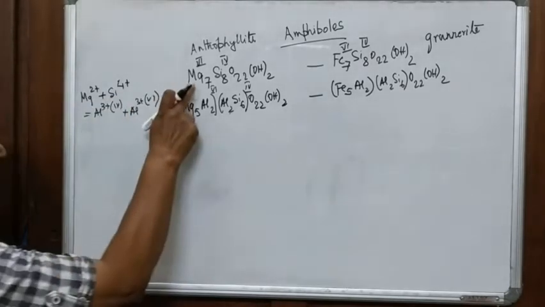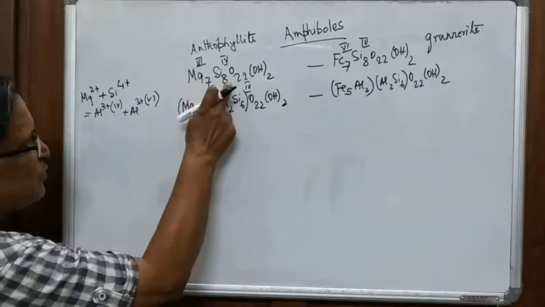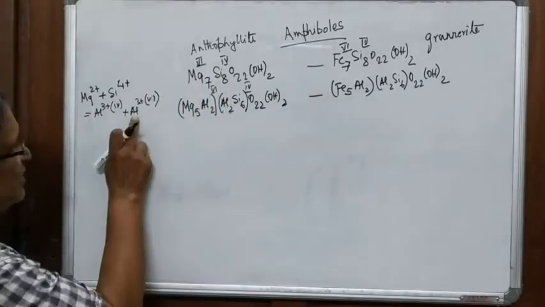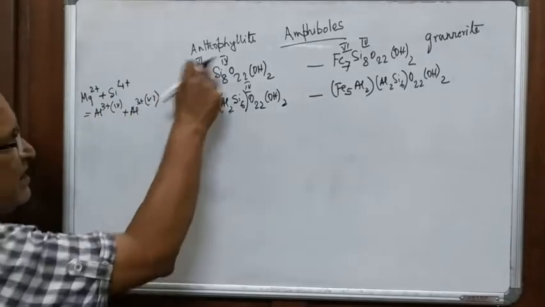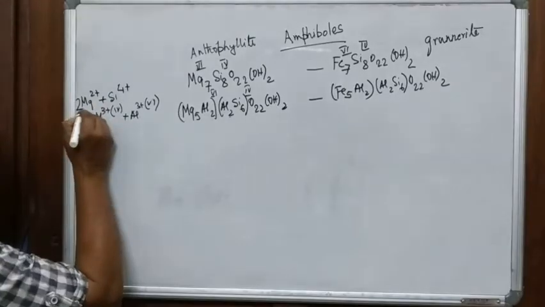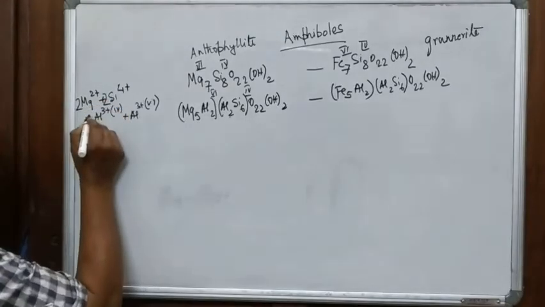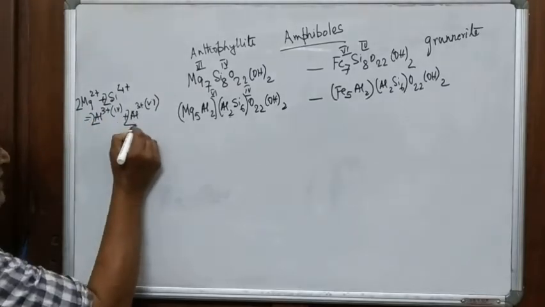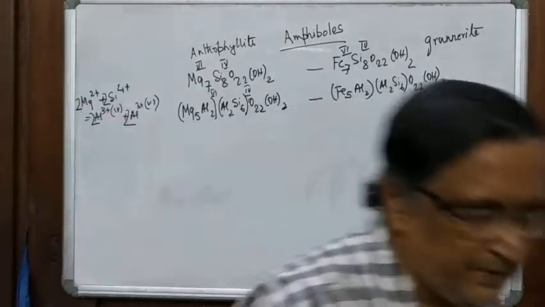So I take out one magnesium plus one silicon and replace them by two aluminium. In the total formula, actually it is 2Mg2+ and 2Si4+, since it's a double formula.